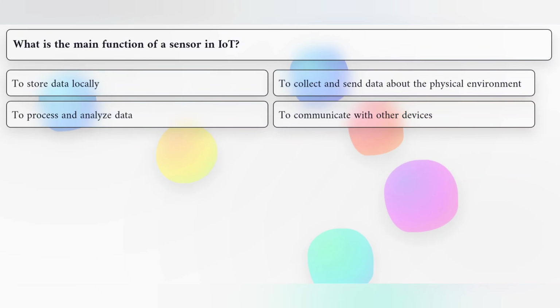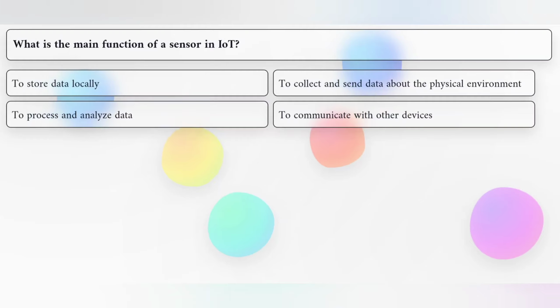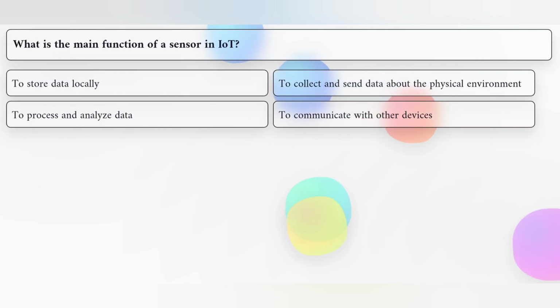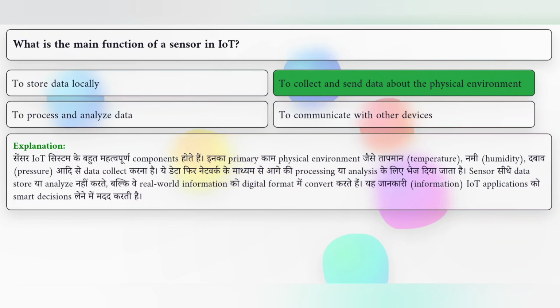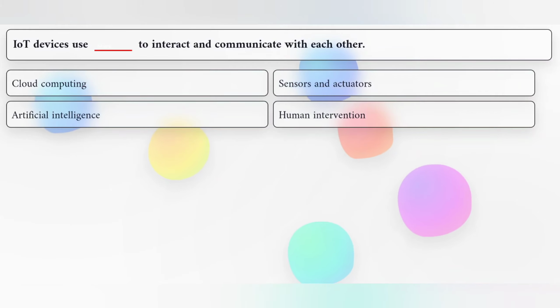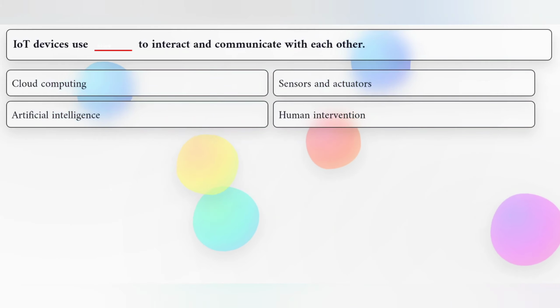What is the main function of a sensor in IoT? To store data locally, to collect and send data about the physical environment, to process and analyze data, to communicate with other devices. IoT devices use blank to interact and communicate with each other.